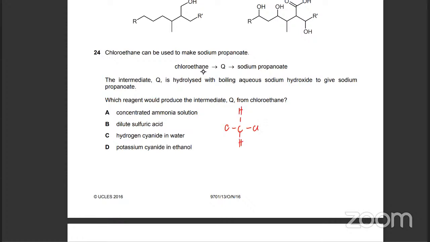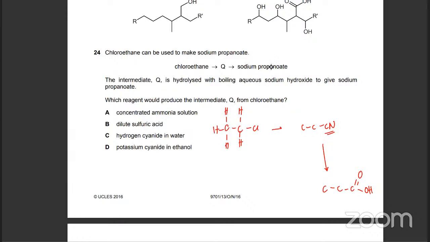So the first step is that this chloroethane will be substituted by CN. So CN replaces Cl. And then this would be hydrolyzed and the CN will turn into carboxylic acid. But you need alkaline hydrolysis, because you're not getting a carboxylic acid, you're getting a salt of the carboxylic acid.